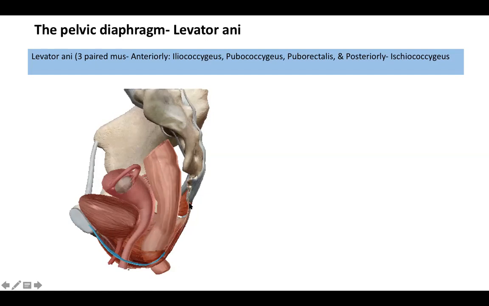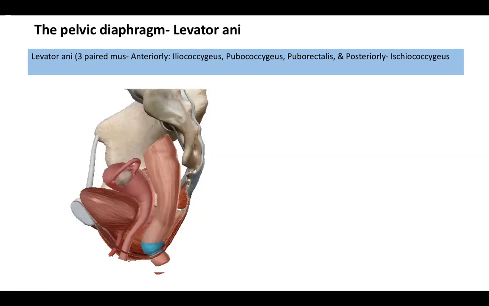Posteriorly, the separation is constituted by the ischiococcygeus muscle. They all insert into the external anal sphincter, and this is an important boundary for demarcation, because on per rectal examination, we can only palpate the puborectalis sling, which forms a demarcation as to where we start the rectum measurement, because the dentate line is not palpable per rectally. So the surgeons always take their measurements from the position of the puborectalis sling.